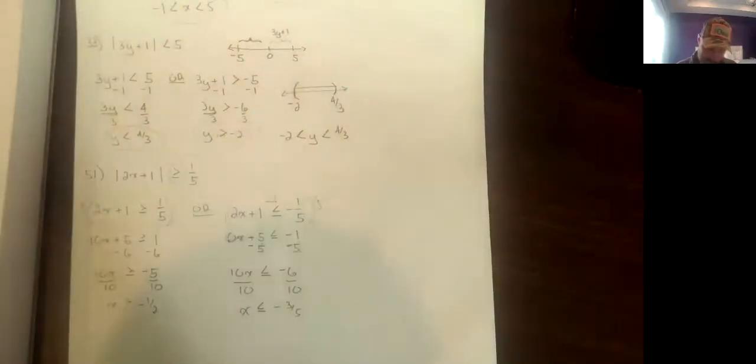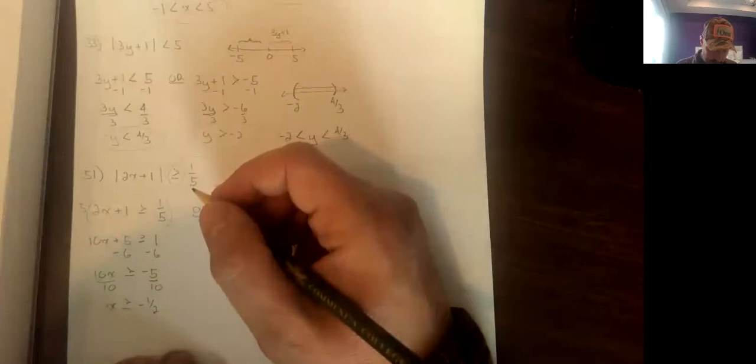So for 51, what did they ask for? They just said solve. Oh gosh, in class you would have torn me up. I don't know why I had 5, so what I have to do here is go back and switch.